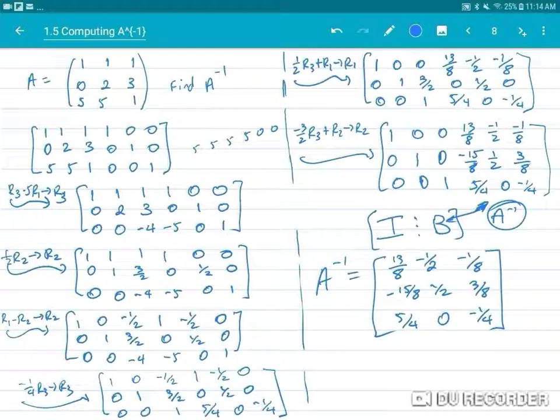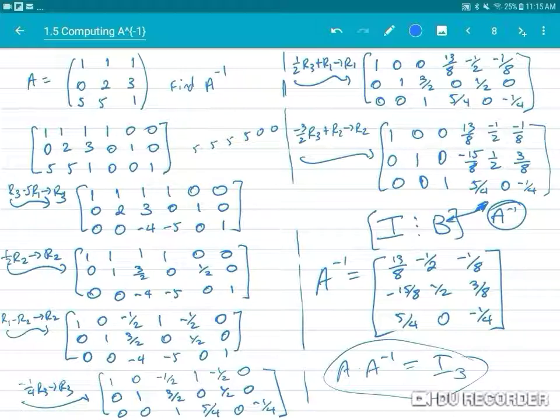So now we can check that A times A inverse is the identity. We can check that. So if this didn't work out, we can go back and fix our error. And the other thing is, if we get a 0 row, 0, 0, 0, then we know that the original matrix is not invertible.